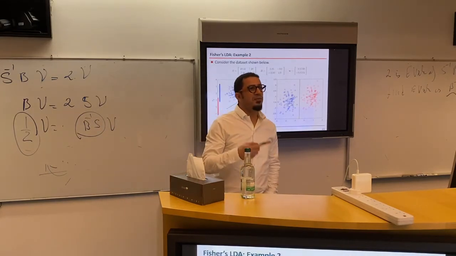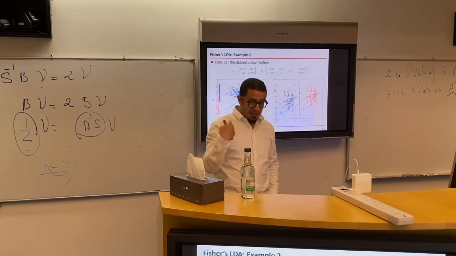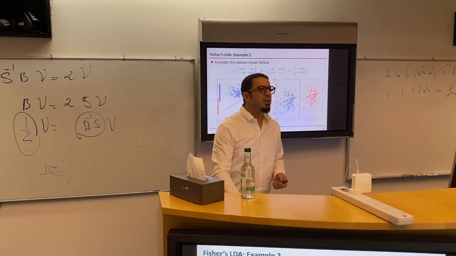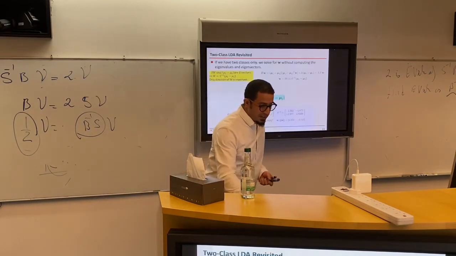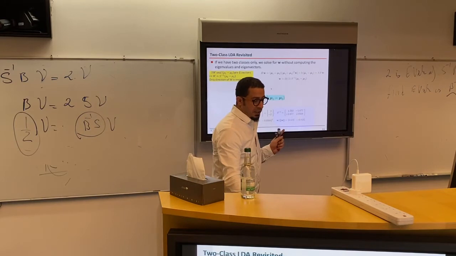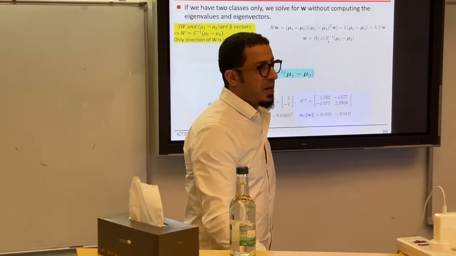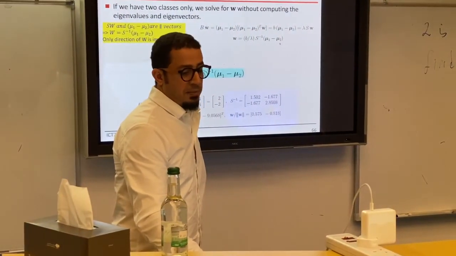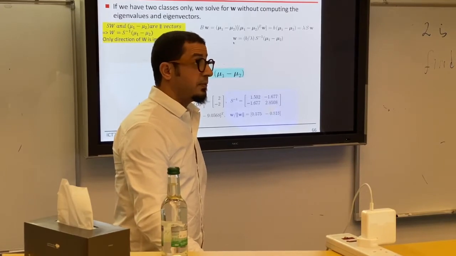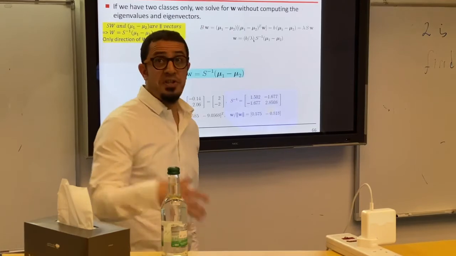Another idea: only for two classes, we can do something quickly, and we don't need to compute the inverse matrix and so on. If it's two classes only, W is always equal to this formula. So what does it mean? You find only S minus 1, simple. You multiply it by mu1 minus mu2, and you get your direction. Why don't I care about this? Because this is a value.